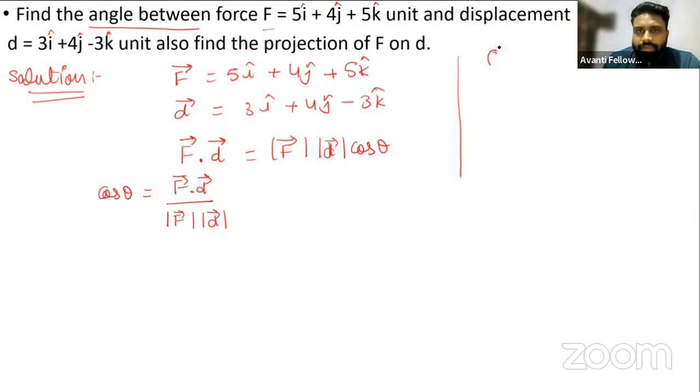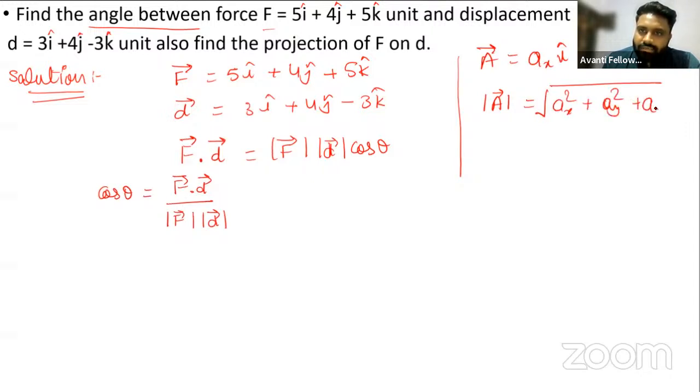Now, how to calculate the magnitude? Look, if a vector A is given to you as AX I cap, AY J cap plus AZ K cap, then the magnitude of vector A is given by the square root of AX square plus AY square plus AZ square.